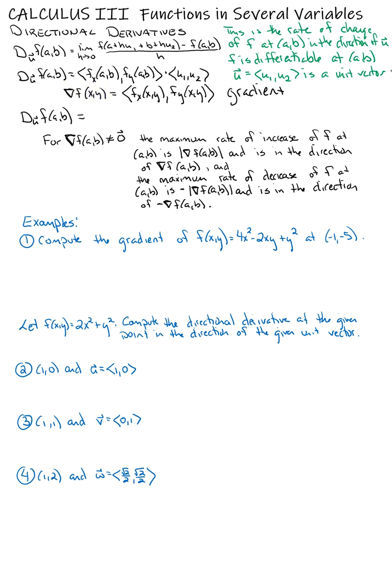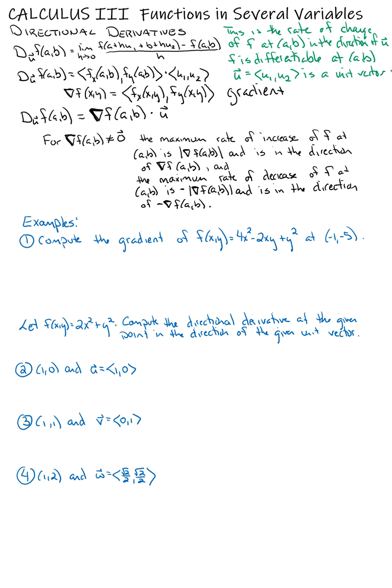So, if we want to go back and write the directional derivative of f at (a, b) in the direction of u, we simply need to compute the gradient of f at (a, b), and we'll dot that with our unit vector u.